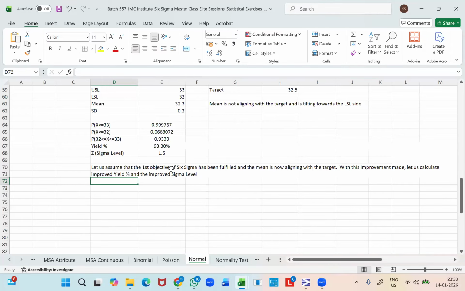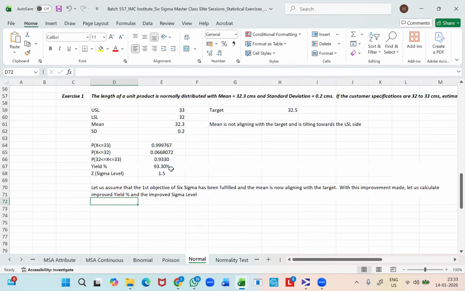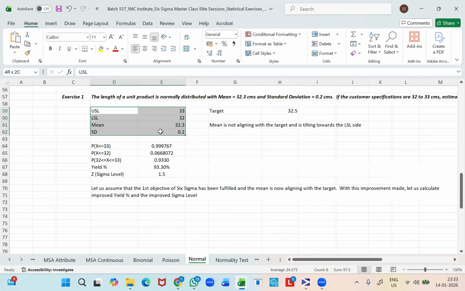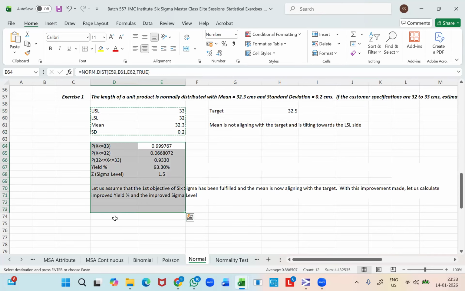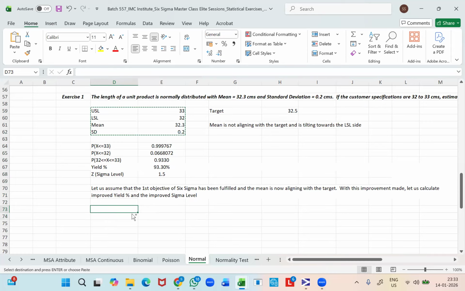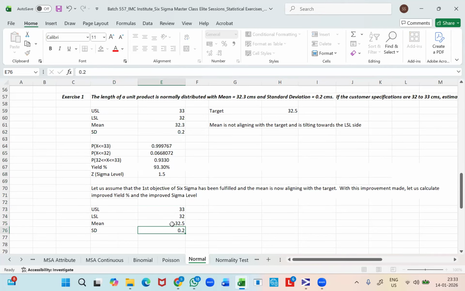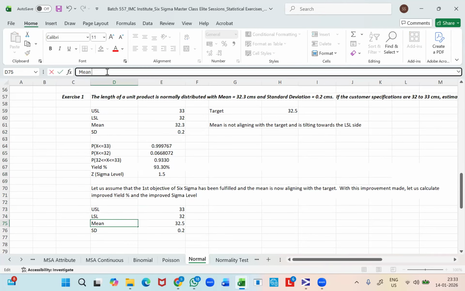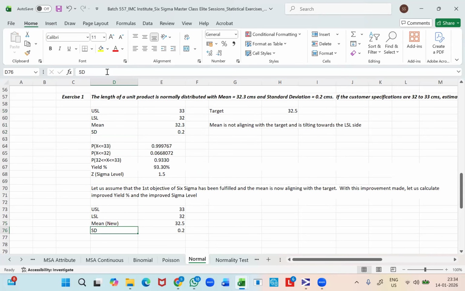So let us perform the calculations. We will summarize all these values. Only thing is we will consider the mean to be 32.5. So the new mean will be 32.5, right? It's now aligning with the target.